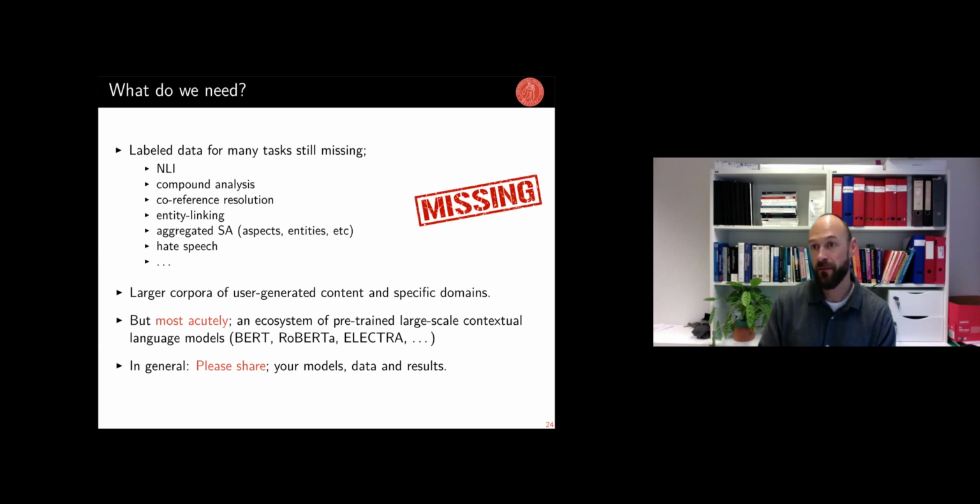Compound analysis, we still lack models to actually pick these compounds apart and analyze them. Coreference resolution is something we still miss resources for. So to be able to say, if you have something like Camilla Stoltenberg said that the spread of COVID is flattening out. The leader of the Public Health Institute also said she believes it's important to maintain the restrictions.